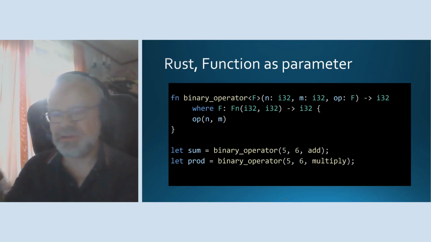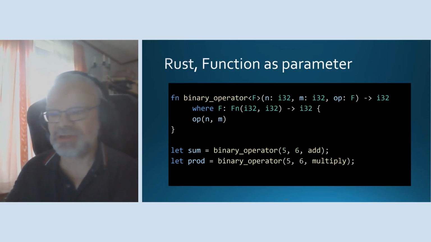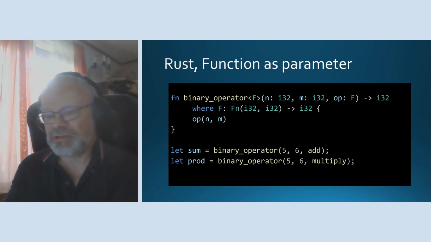So here we need to declare binary operator as a template function and have the type of the parameter as a where. It works. It's a bit clunky, I think, but there's no problem with it.